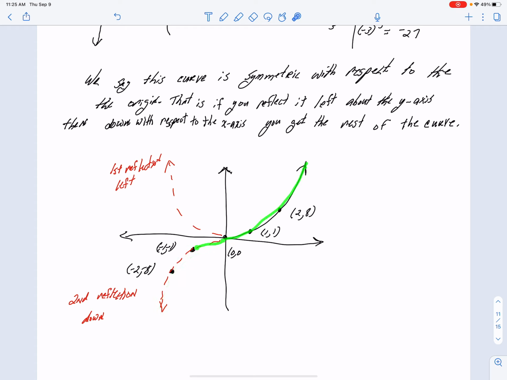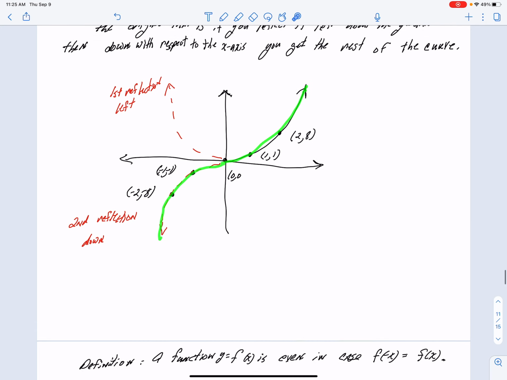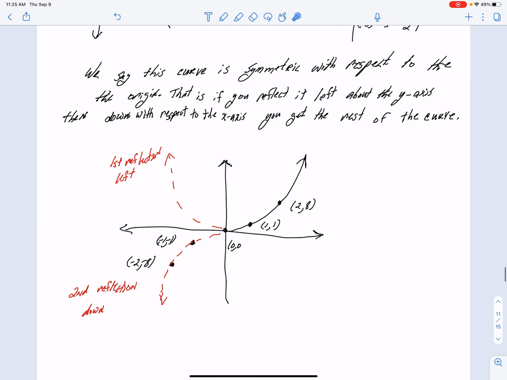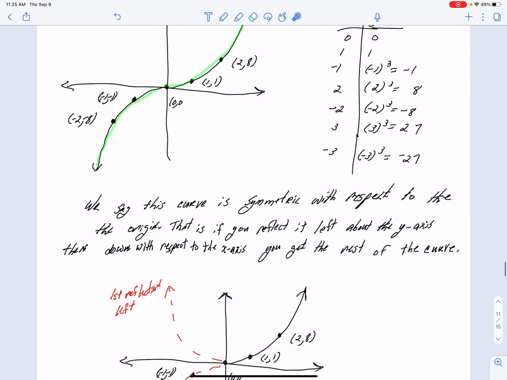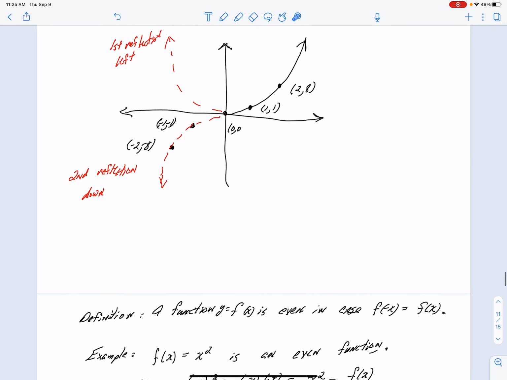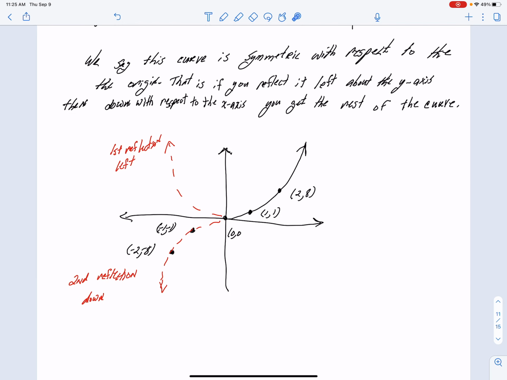So the curve looks like that. So what am I saying? That y equals x cubed, which looks like that, is symmetric with respect to the origin. And symmetries oftentimes are very useful in trying to graph things. Well, we're going to stop there.